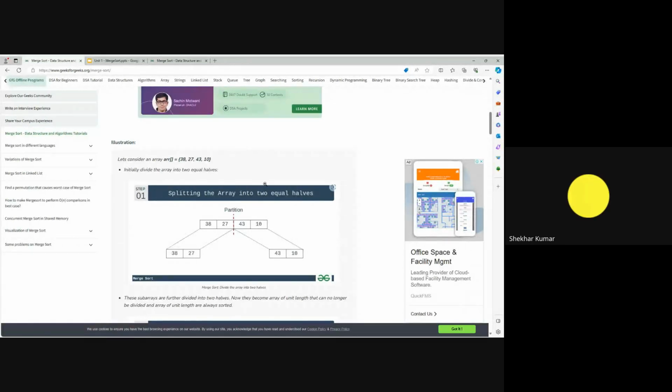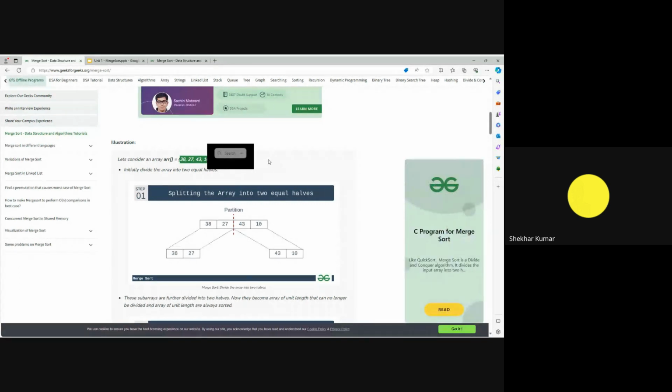Suppose this is an array with the elements 38, 27, 43, 3, 9, 82, 10. You have to sort this array using merge sort.